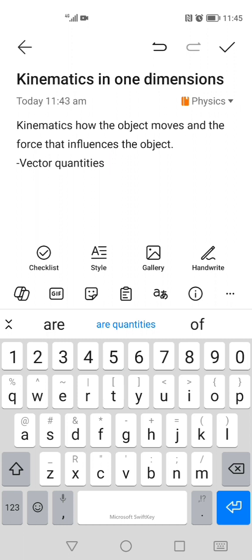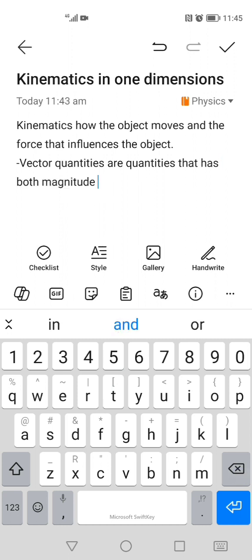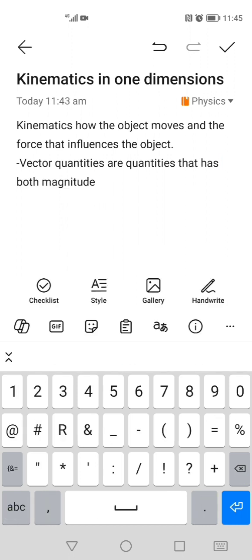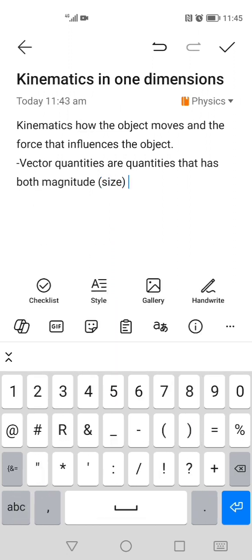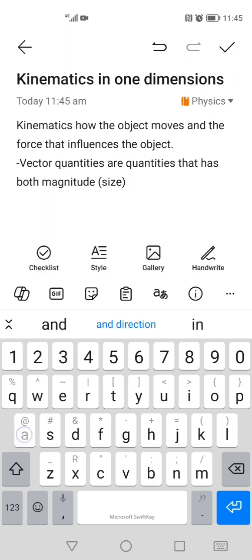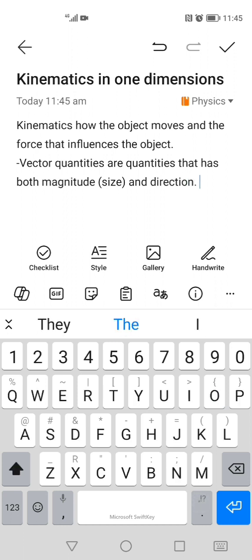Vector quantities are quantities that have both magnitude, which is your size, and direction. So let me give you examples of those.